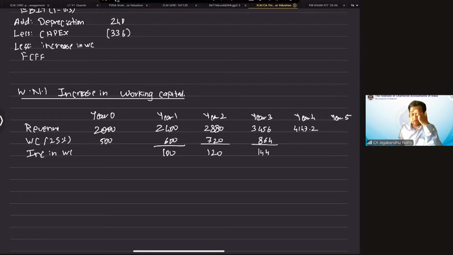Working capital is 25% of this, 1036.8, so the increase is 172.8.